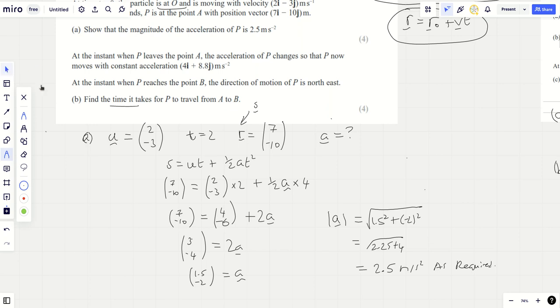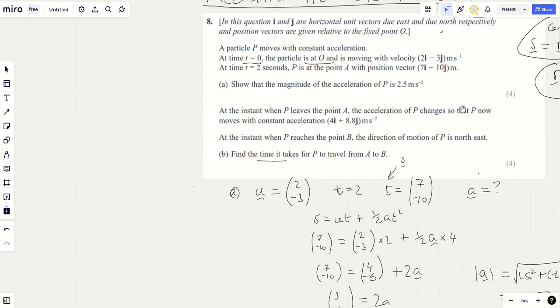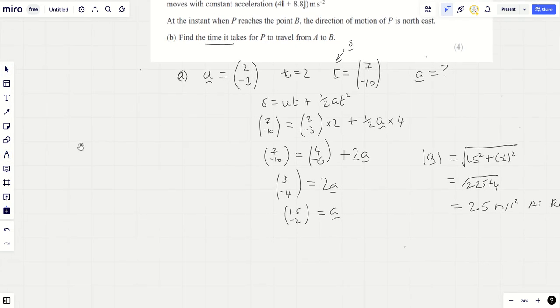Okay, for part B, it suddenly changes direction. The acceleration of P changes, so it actually changes its acceleration. Direction, remember, is velocity. So it'd be really handy if we find the final velocity in the first stage. So let's just quickly find the final velocity down here. We can use everything else we got.